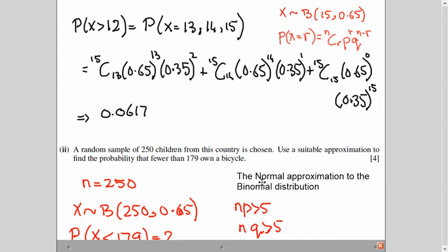When we are applying normal approximation to the binomial distribution, the condition is that NP should be greater than 5 and NQ should be greater than 5. So in this question, N is 250 and P is 0.65, the probability of success that a child owns a bicycle. And you have to find the probability that less than 179 own a bicycle.